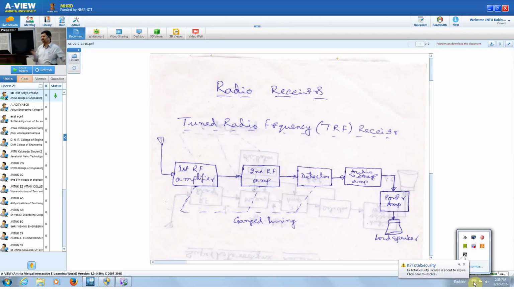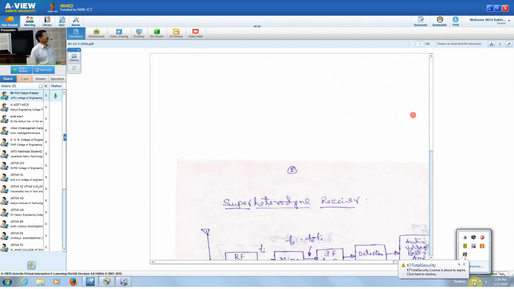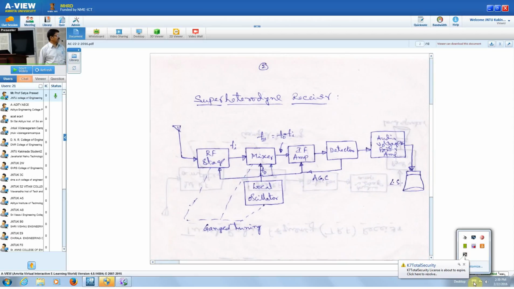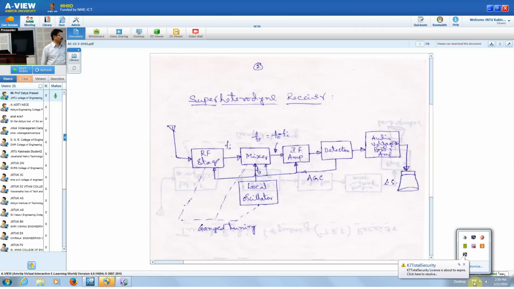That's what, and then at the receiver we want some amplification because the signal is weak. Then the superheterodyne receiver that we are having. So this is the block schematic of the superheterodyne receiver that we are going to have.